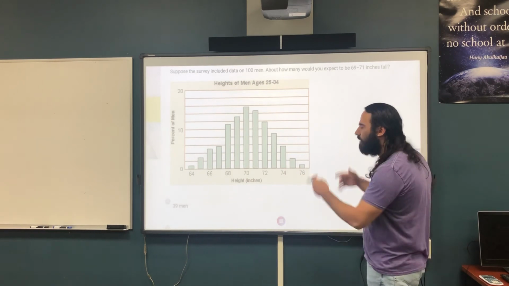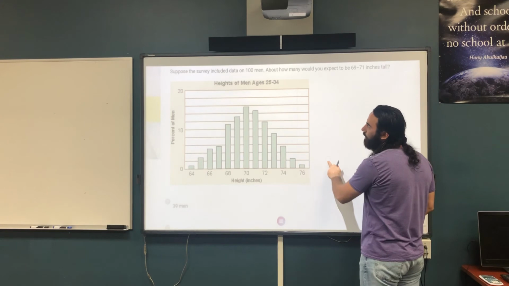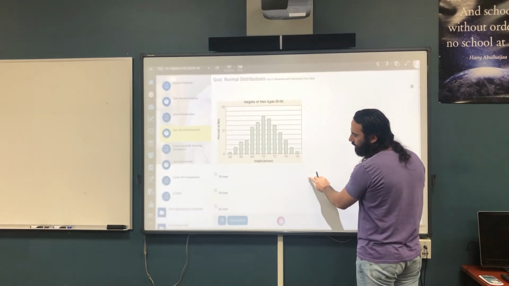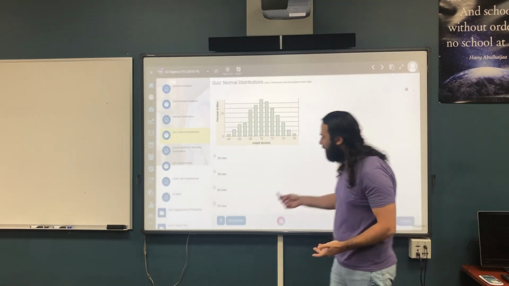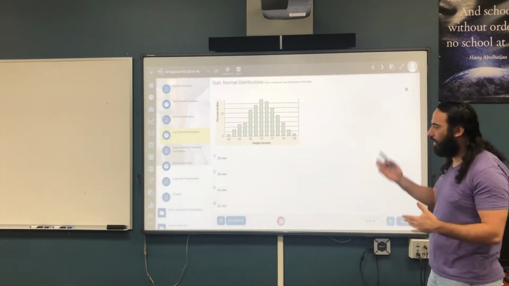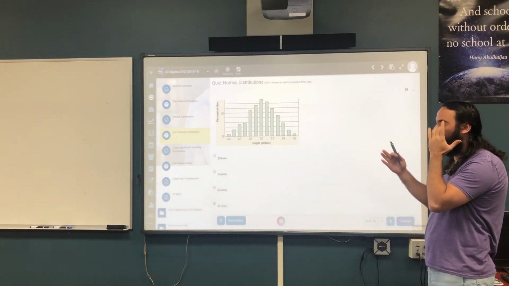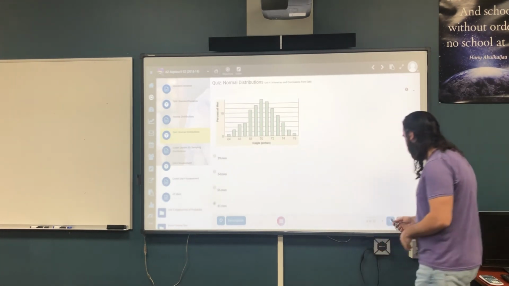If I'm not mistaken, you take the 41% and you multiply it times the 100 men. So it's around 43 men. Again, the graph is not accurate, but you just add the percentages and you multiply it times 100, because he said about 100 men.